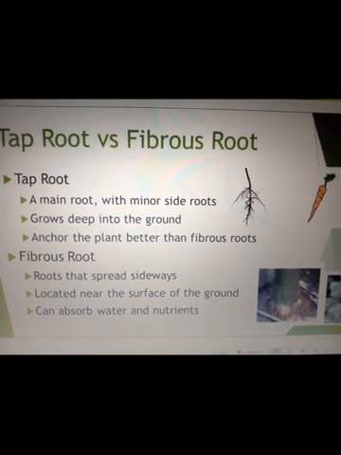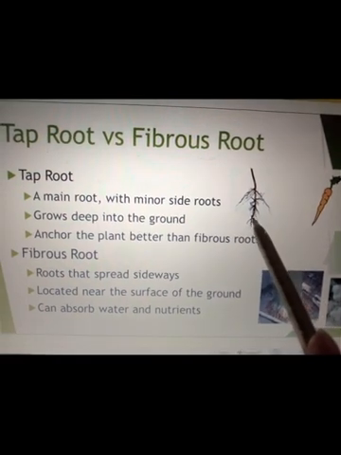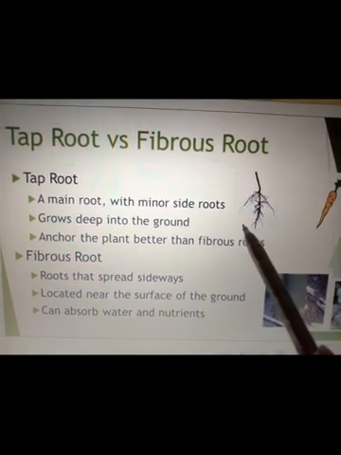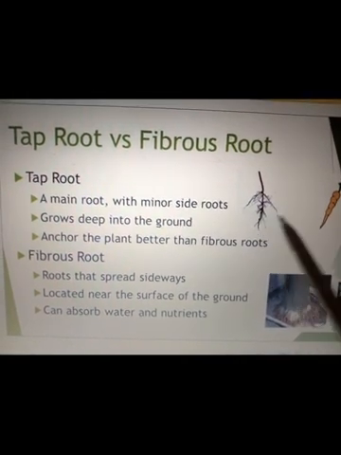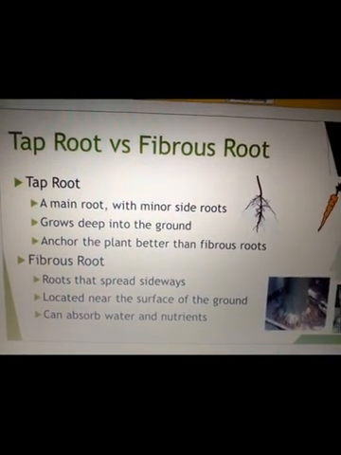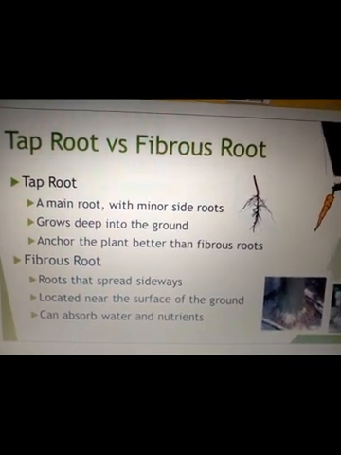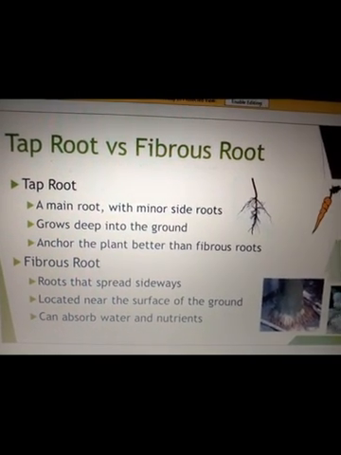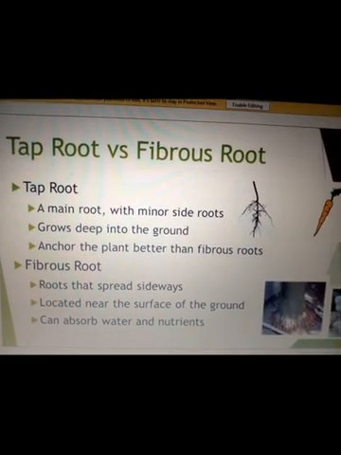So how will you define taproots? Plant roots which have one thick main root with many smaller branches are called taproots.